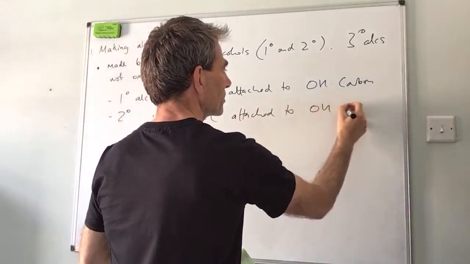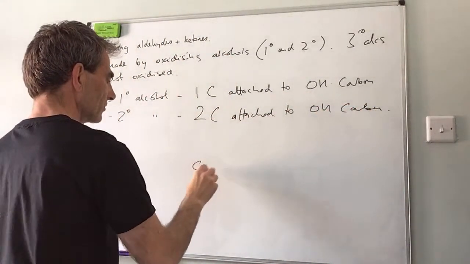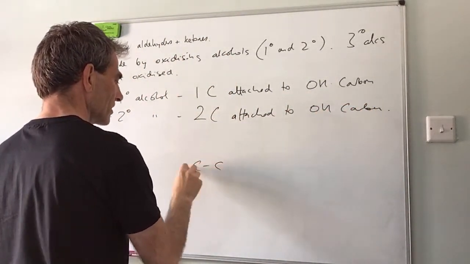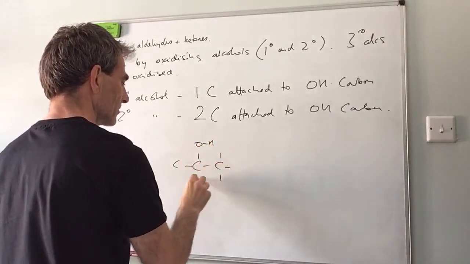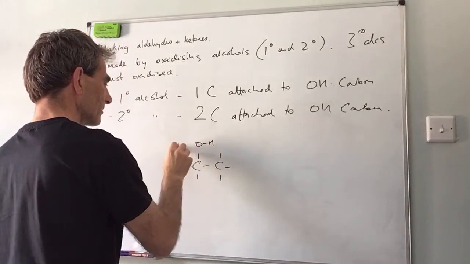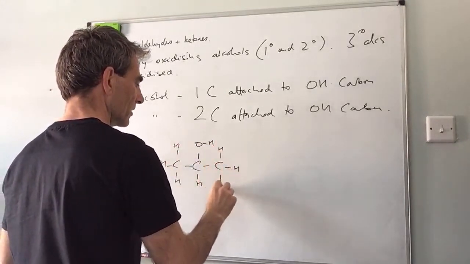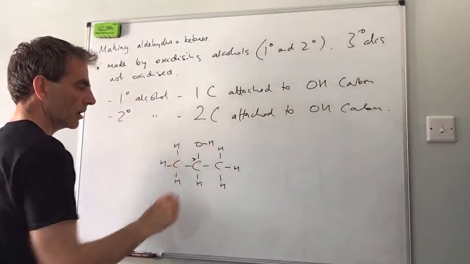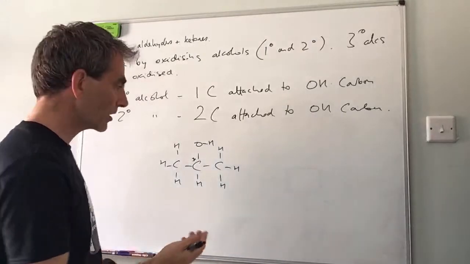to the OH carbon. So for example, let's turn this into a secondary one. Let's make that the OH carbon, and let's make these CH3 groups. You can see straight away that there's your OH carbon with two carbons directly attached, therefore it's secondary.